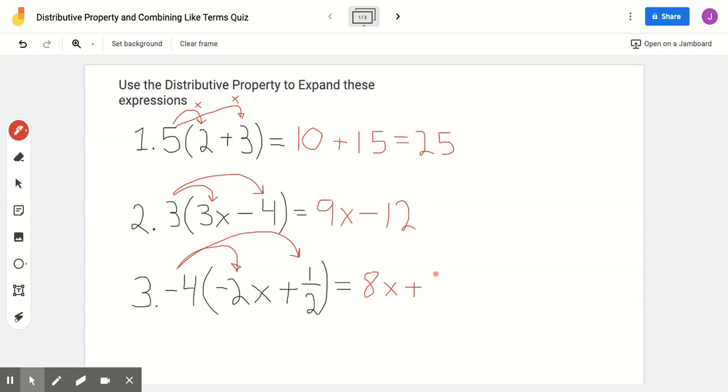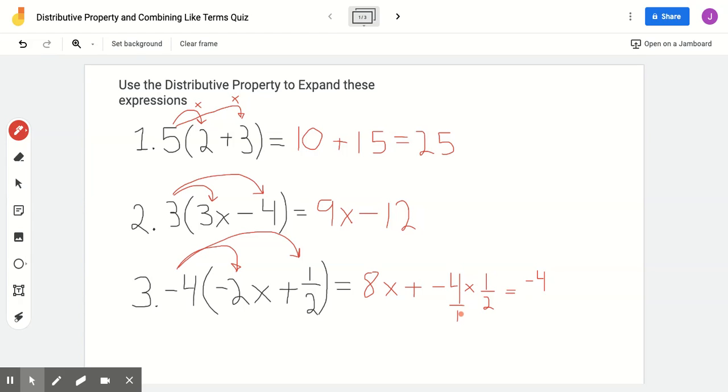Okay, so negative 4 times 1/2. And remember, we can always think of a whole number as that whole number over 1, right? So now we're just multiplying 2 fractions. Multiply the numerators. Negative 4 times 1 is negative 4.